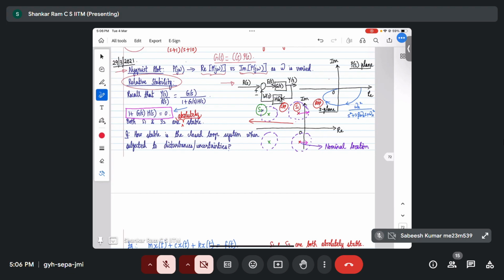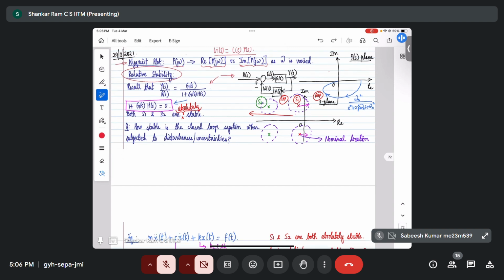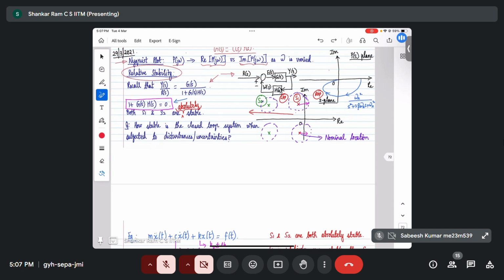The closed loop transfer function is G of S divided by 1 plus G of S H of S, and the closed loop characteristic equation is 1 plus G of S H of S equals 0.